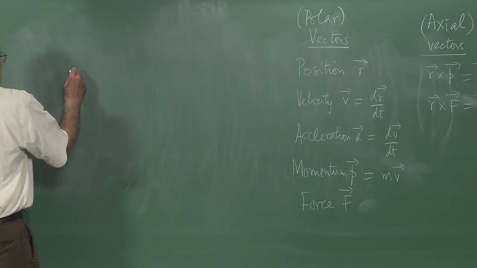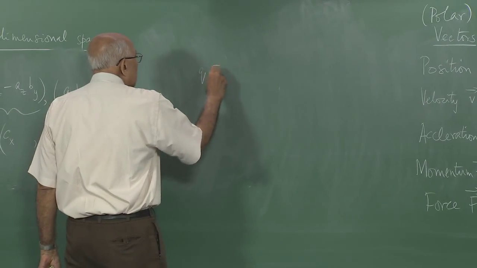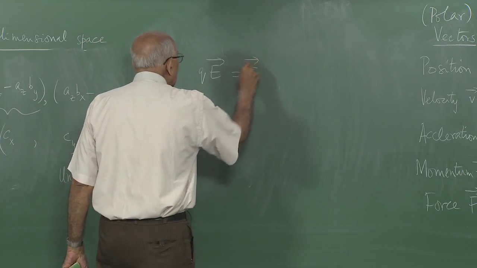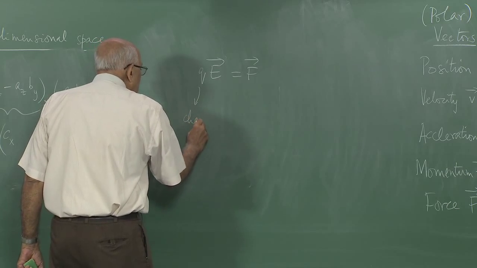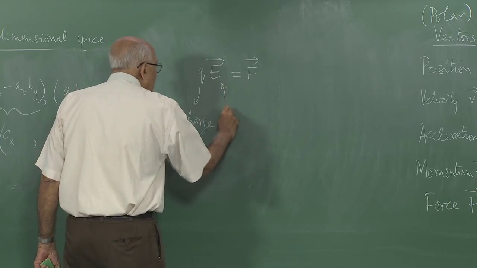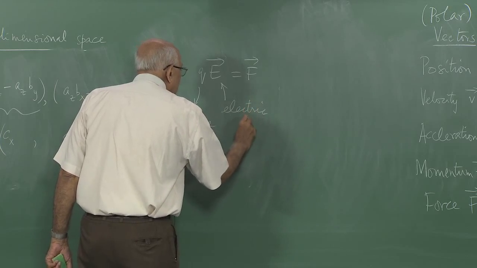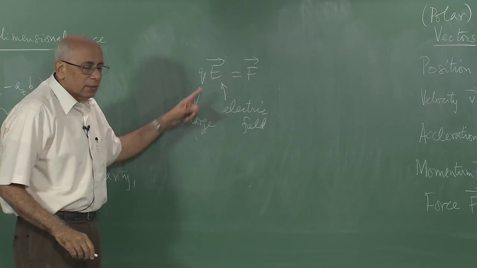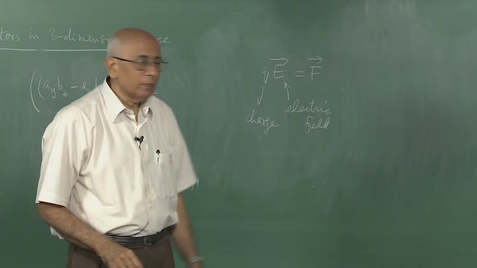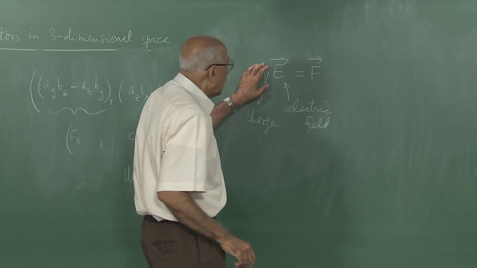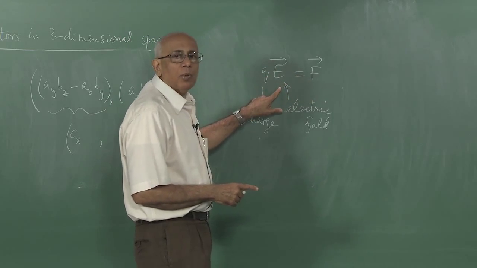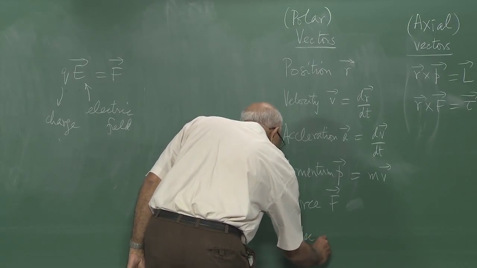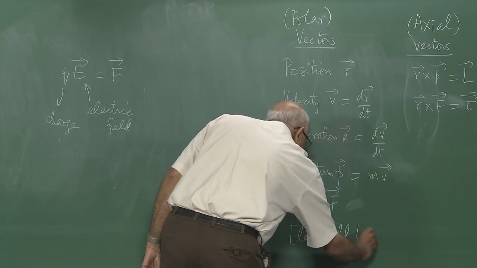For instance, I know that if you have a charge Q and I apply an electric field E, then the force on this charge is Q times E. So if this is a point charge and this is the electric field applied, I know that the force on it is the charge multiplied by the electric field intensity. Since this is a scalar and I know that is a polar vector, this is a polar vector. So I add to my list electric field E.